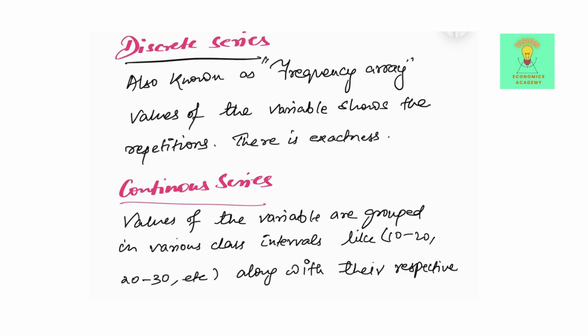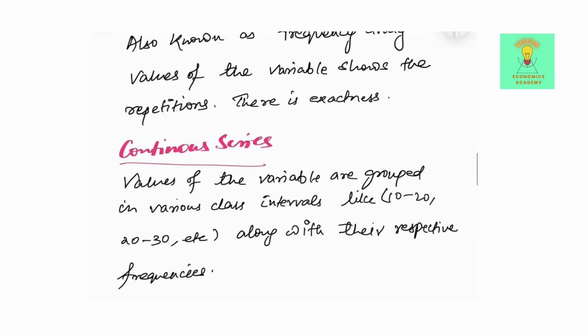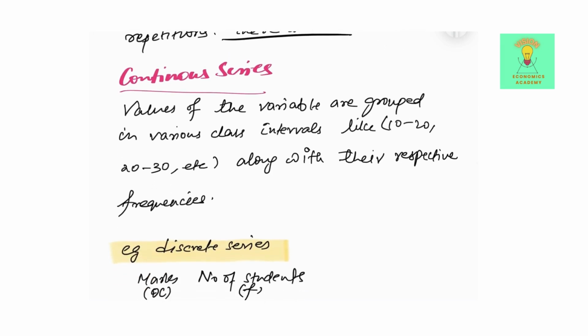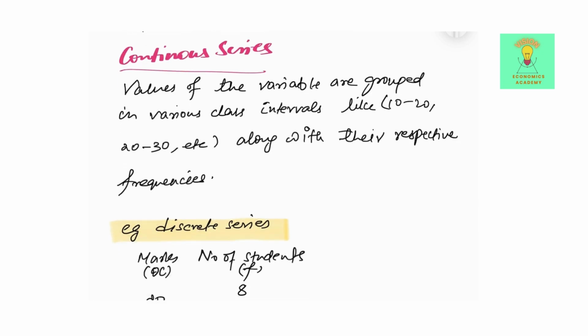Okay, discrete series is the values of the variable that shows repetitions. There is some kind of exactness over here. I'll give you the example after I finish with what continuous series is. So continuous series is the values of variable that are grouped in various class intervals. So in a very layman manner, you can identify continuous series through class intervals and frequency.